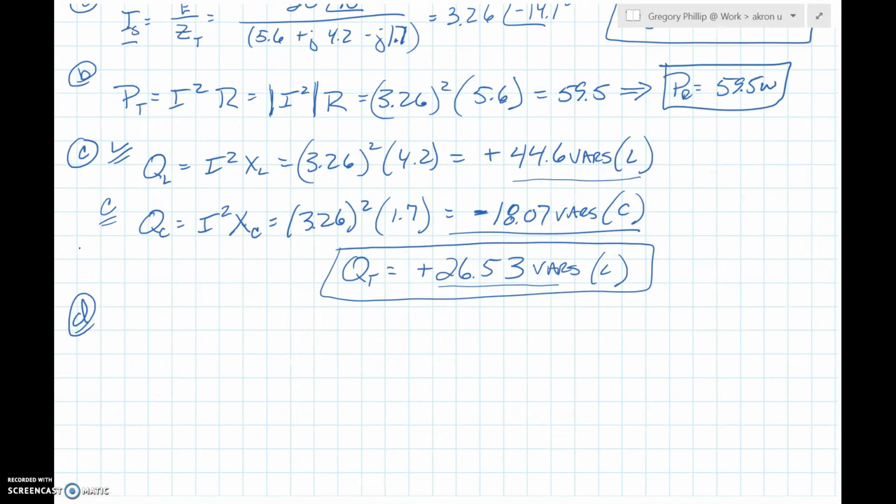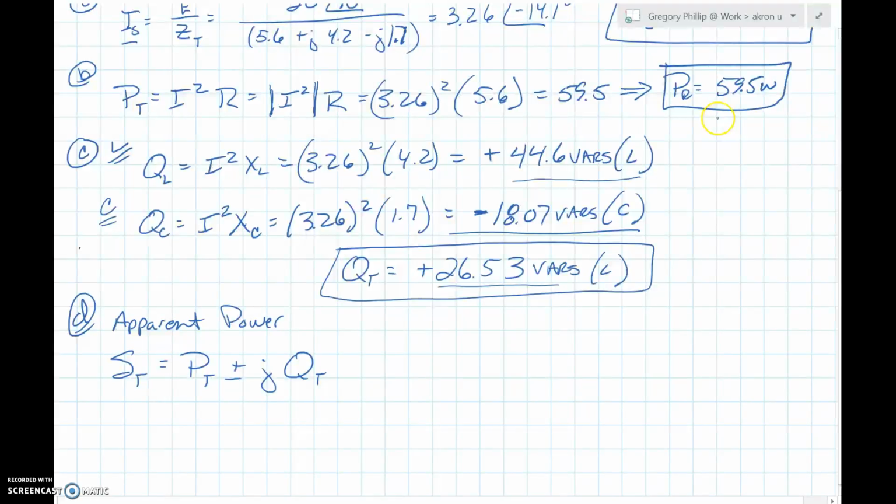The reason we call this the power triangle is as we get to what's called the apparent power, which we use the letter S to represent, and ST for the total apparent power. This would be total power in watts, plus or minus J, the total reactive power, or reactive VARs.